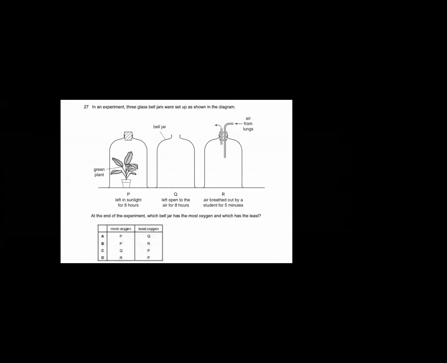Because you can see a bung at the top, so there is no way air can enter it. The only air it is receiving is the expired air from the lungs, which has more carbon dioxide compared to oxygen, and there is no other way oxygen can enter. So it's option B. Least oxygen will be in R and most oxygen will be in P.